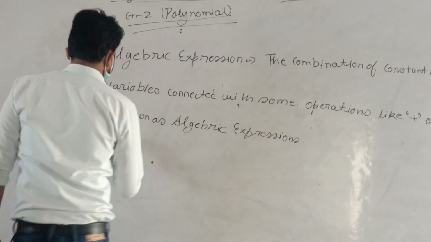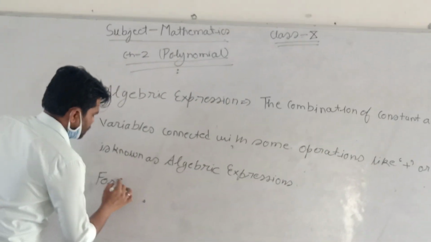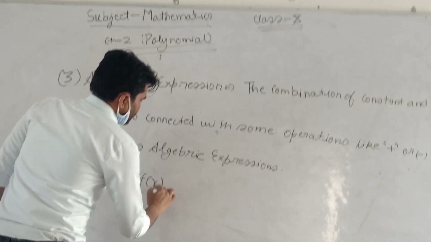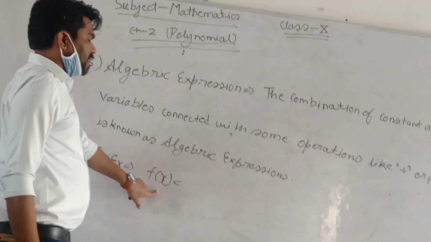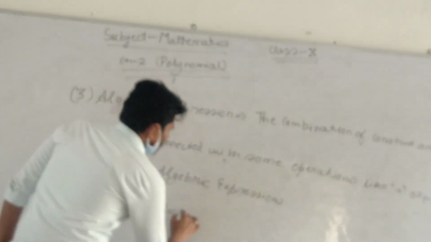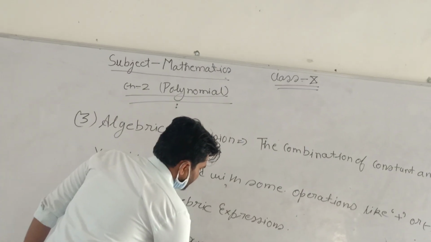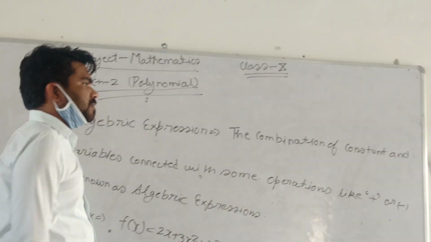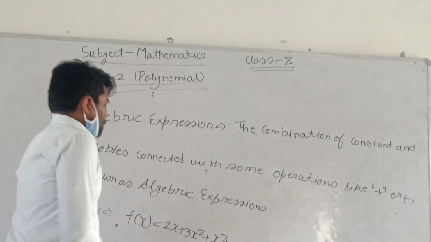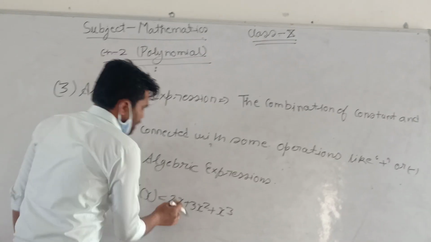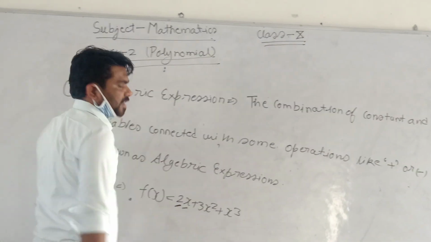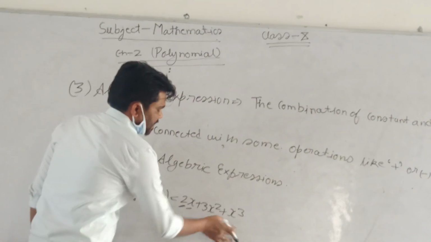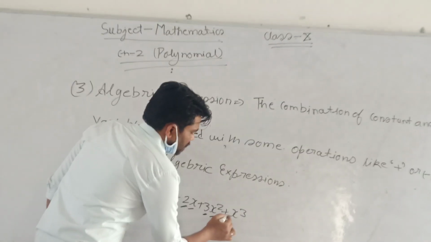For example, f(x) is equal to any function in variable of x, 2x plus 3x square plus x cube. In this we can see that the combination of constant and variable connected with operations like plus or minus, plus sign, plus sign, constant and variables.